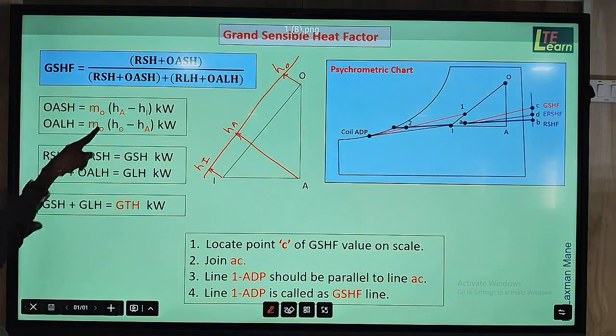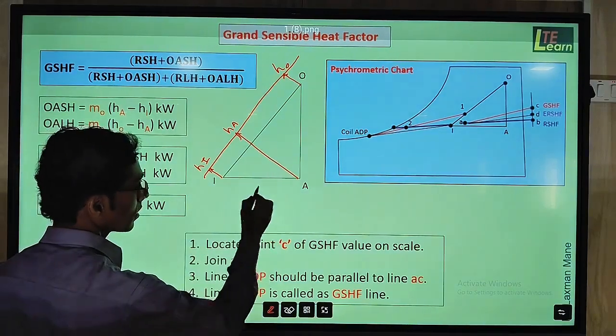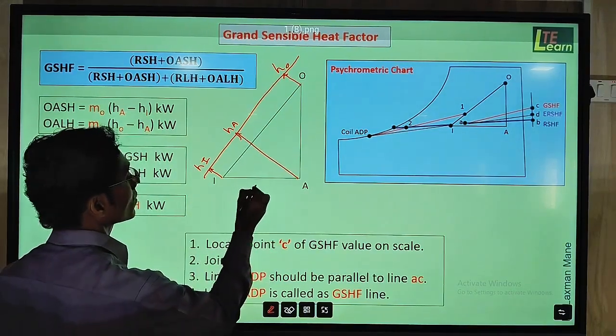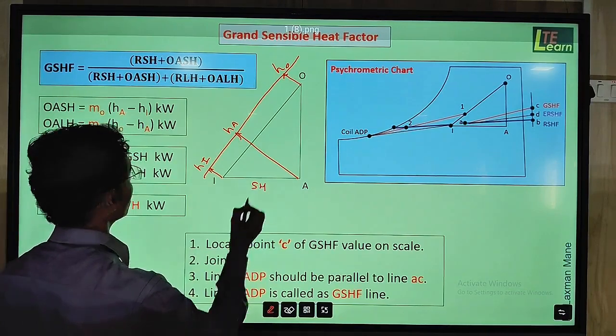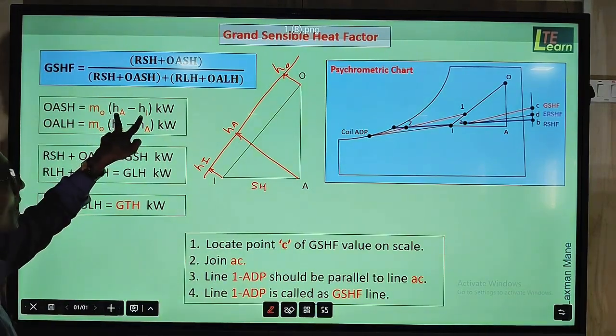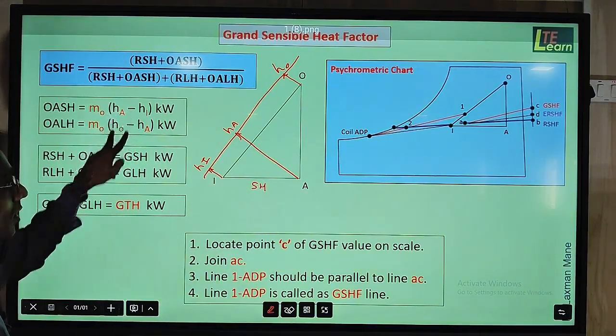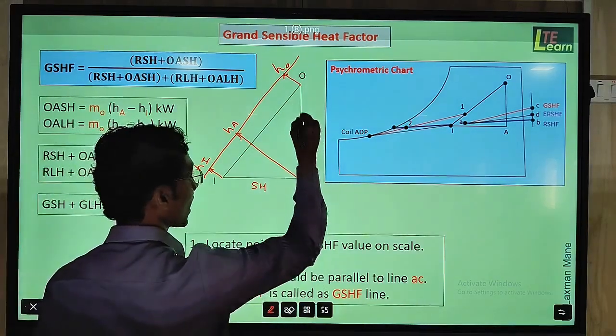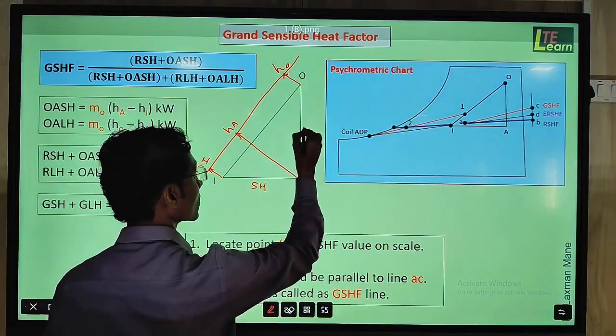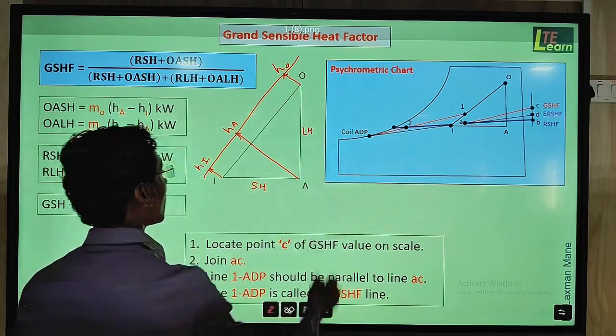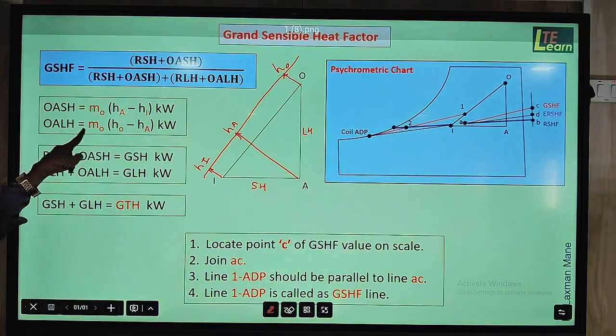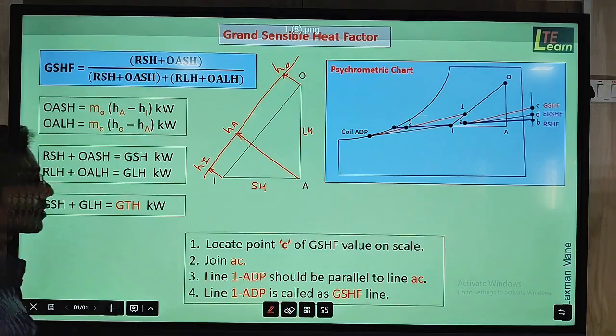So OASH will be what? This horizontal enthalpy difference is the sensible heat, HA minus HI. And this vertical line enthalpy difference is the latent heat, so we use it in the calculation of OALH, which is equal to m dot O into HO minus HE.